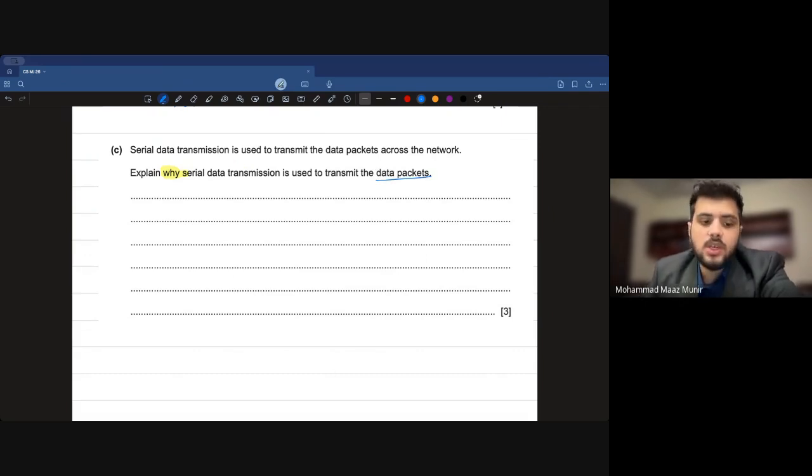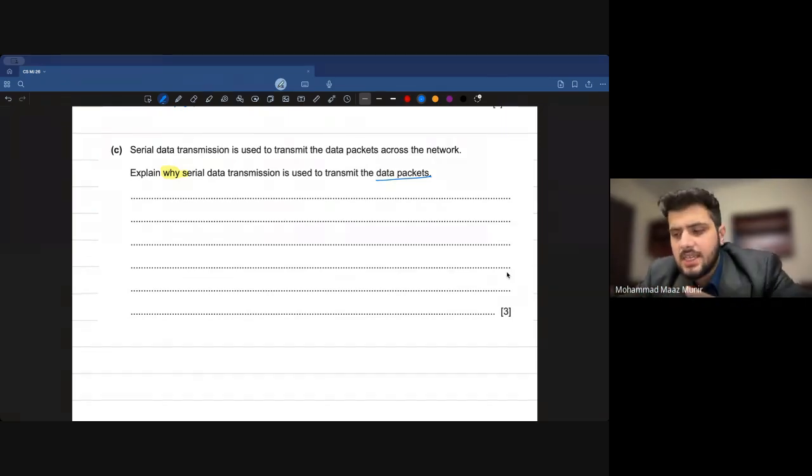In this question, we need to talk about the benefits of using serial data transmission. If serial is being used, the data is being sent over a longer distance. So to make it more reliable, to ensure that the data is not skewed, and that it arrives in sequence with minimal errors, we make use of serial data transmission.